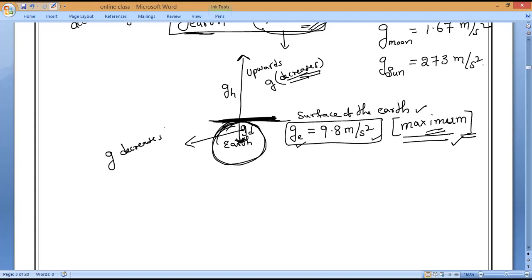So g value is maximum only on the surface. If you go above the ground or deep inside the earth, at both places g value decreases. Please note that point, everybody.